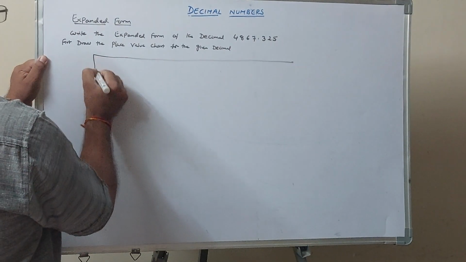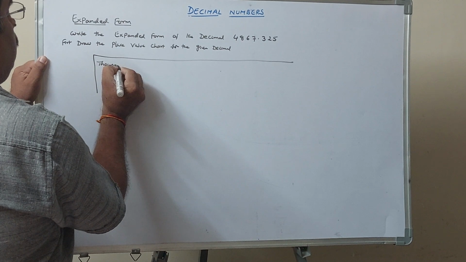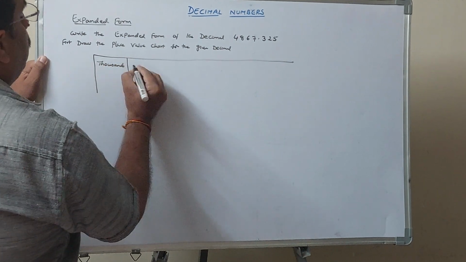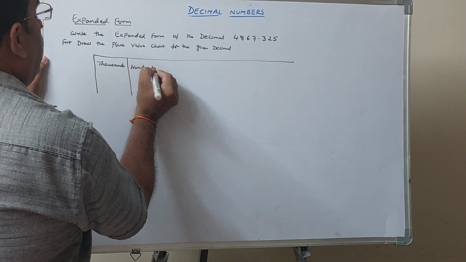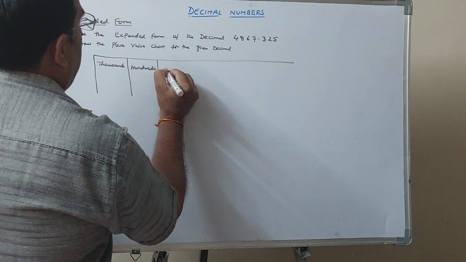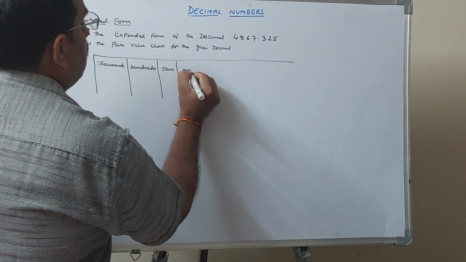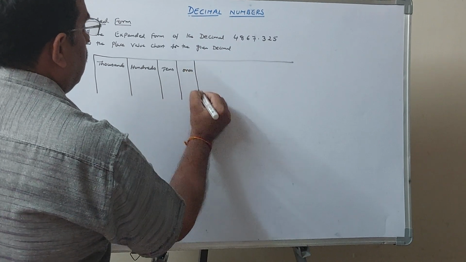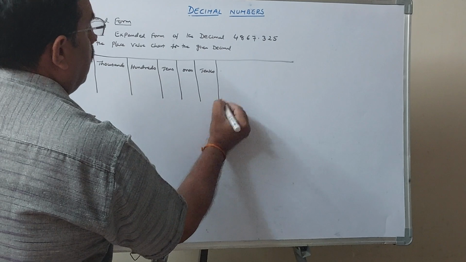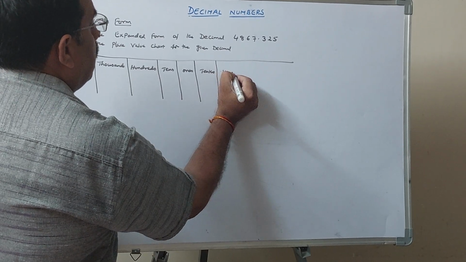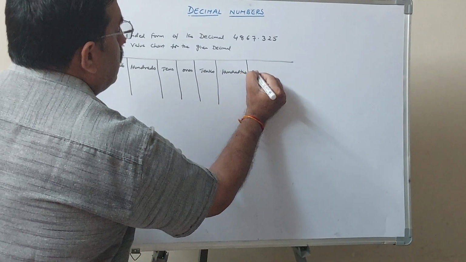So thousands, hundreds, tens, ones, tenths, hundredths, thousandths.